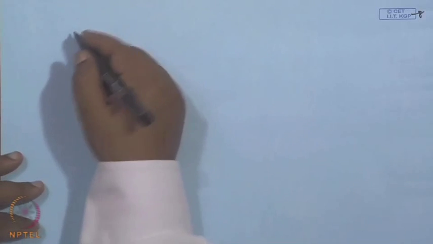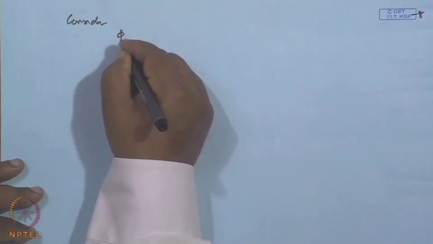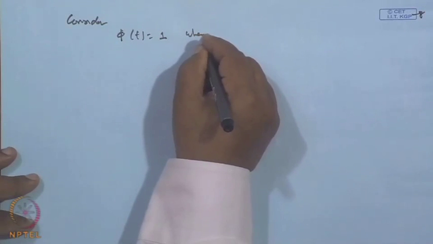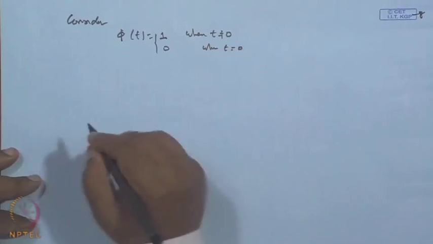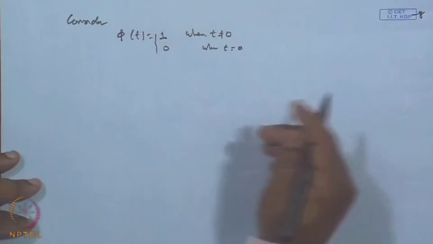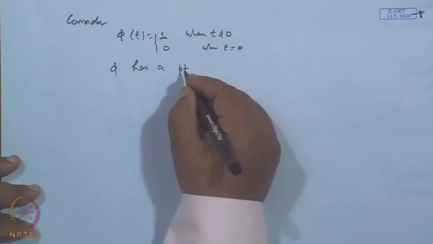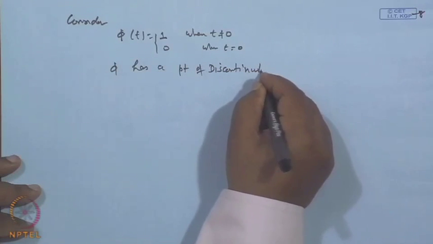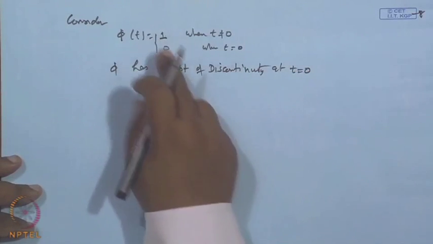Now, let us consider the function phi, where phi(t) is 1 when t is non-zero and equal to 0 when t is 0, over the same range. Obviously, phi has a point of discontinuity at t equal to 0, because the limit is 1 but the functional value is 0.